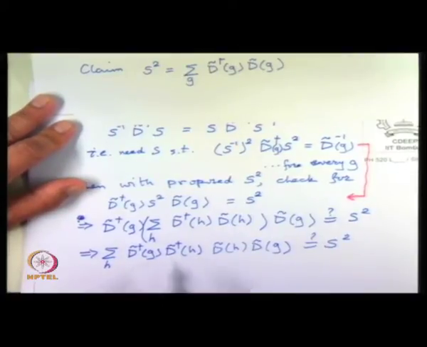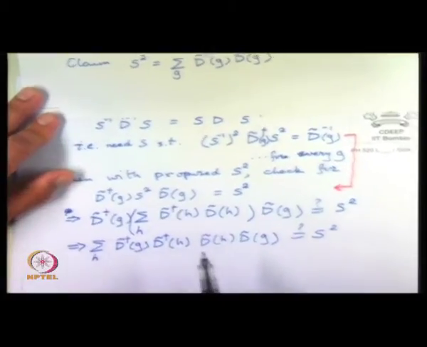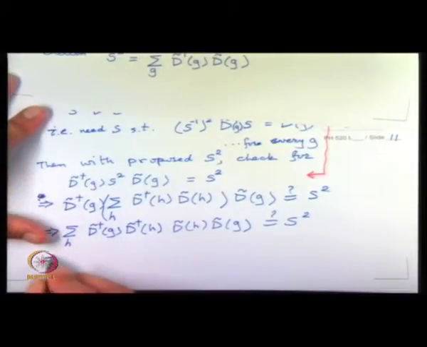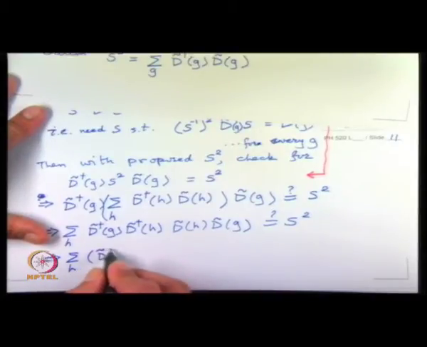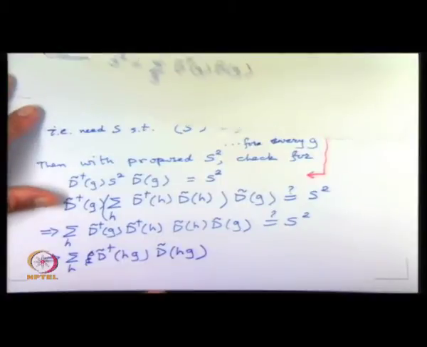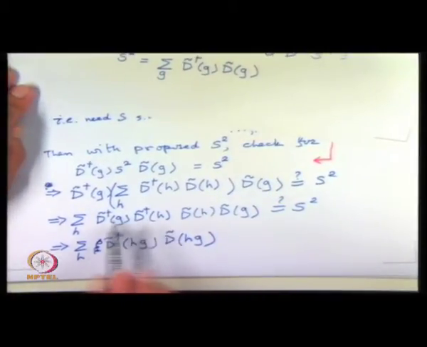But now remember that as far as the D dagger goes, because the representation is as far as this goes, this is same as D tilde of Hg, and this becomes D tilde of Hg. Because this reverse multiplication just produces the corresponding representation of the Hg element applied in sequence.